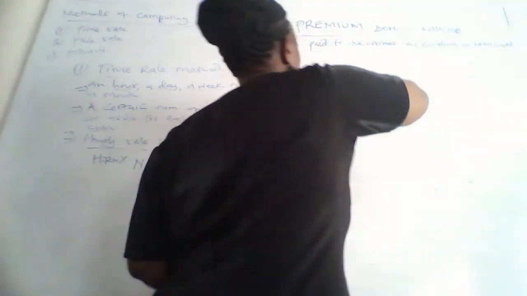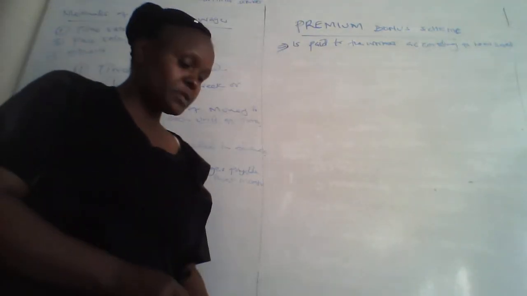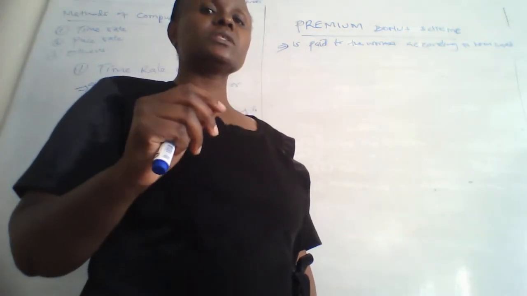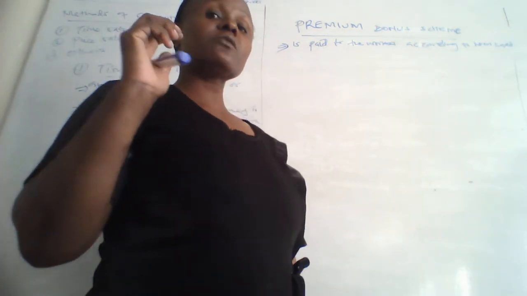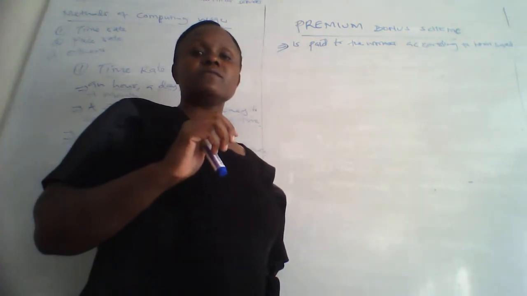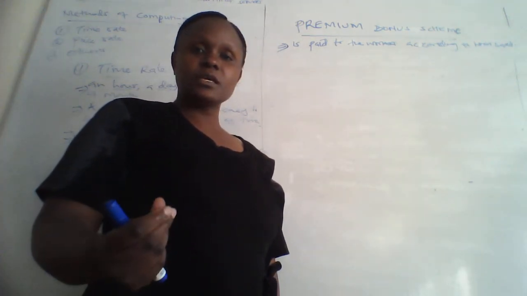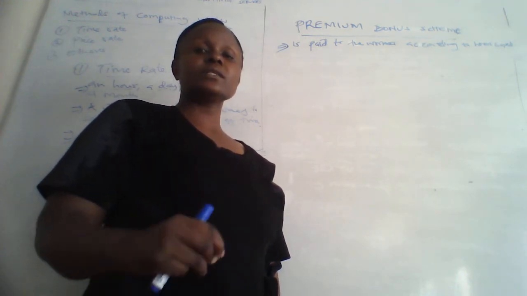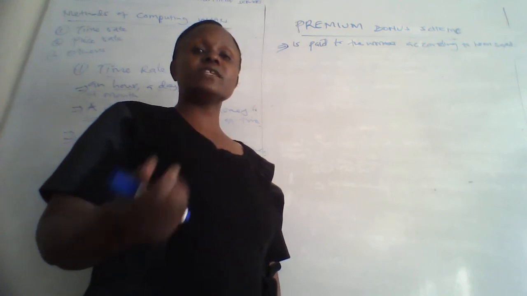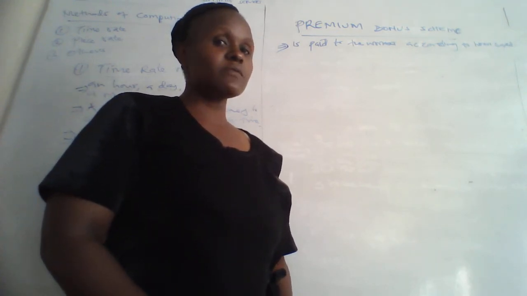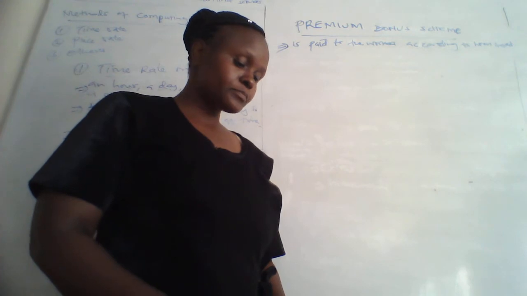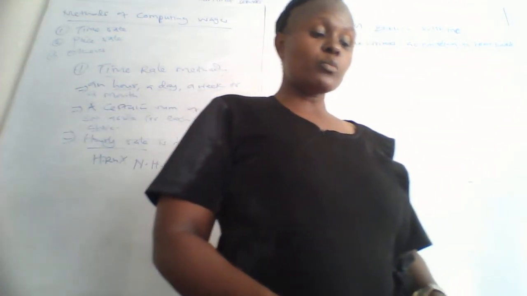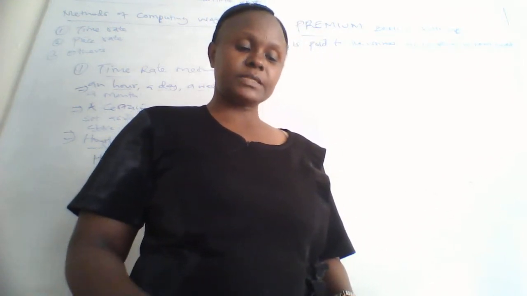For example, you are given a particular piece of work to complete within a specific number of hours. Instead of taking the allowed hours, you finish early and take rest, meaning you have saved some hours. So you receive a premium bonus. The employer assigns some jobs to the workers to complete within a specific number of hours.